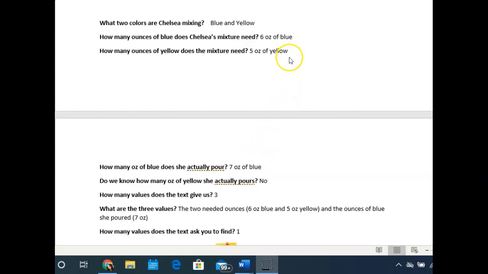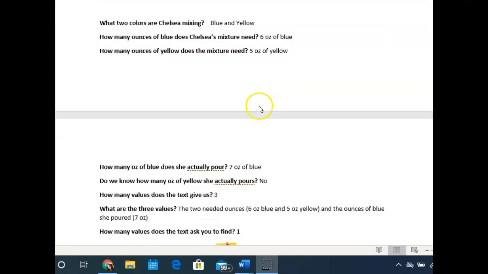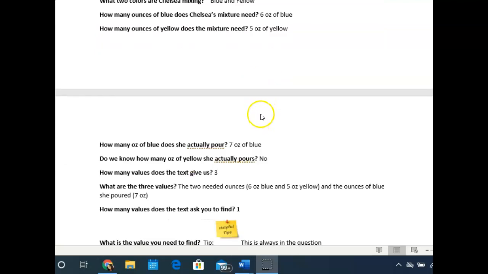So we need to adjust how many ounces of yellow to match the proportion of what we need to have to make the perfect hue of green. So, do we know how many ounces of yellow she actually pours? No, we don't. Now, all of these questions I was able to answer with just looking at the text.